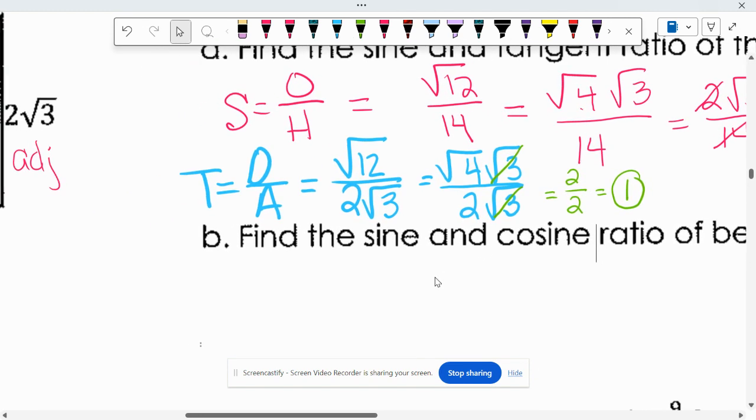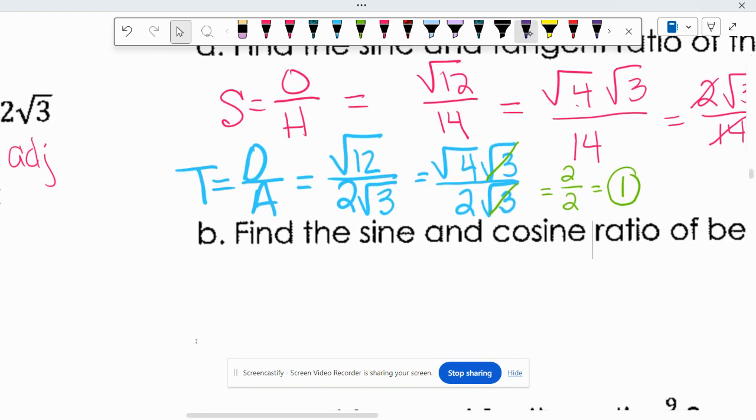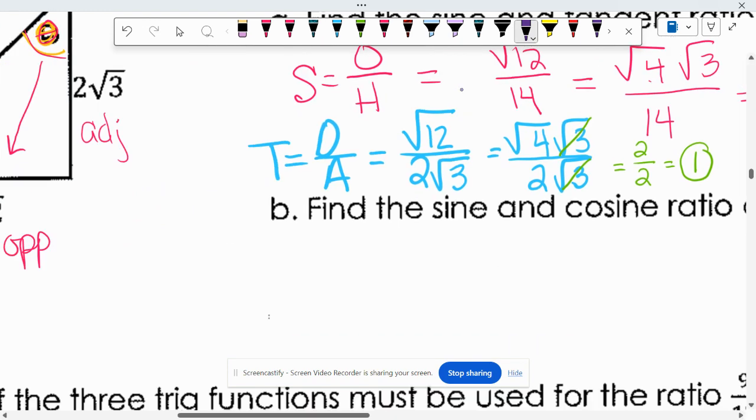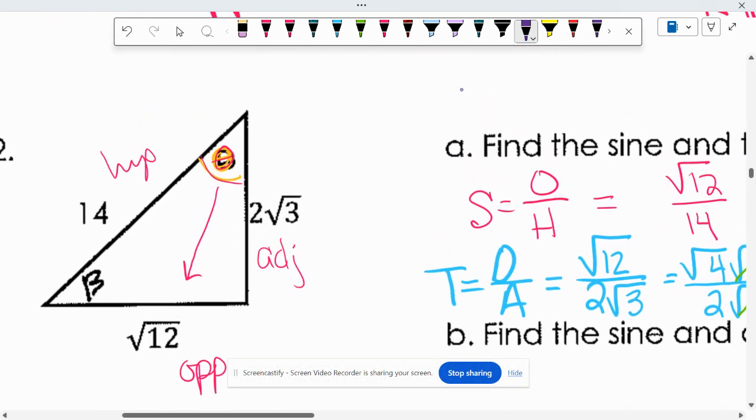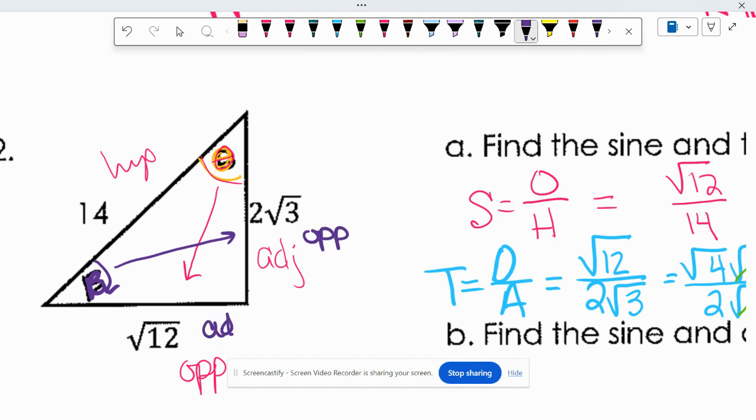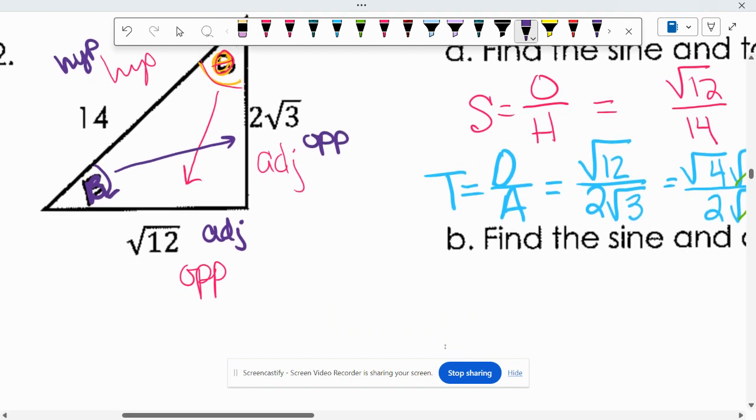Okay. We're going to do one more. We're going to do the sine and the cosine of beta. So let's go back to this triangle. So here's beta. So if this angle is beta, this is now my opposite. And this is now my adjacent. And my hypotenuse does not change.